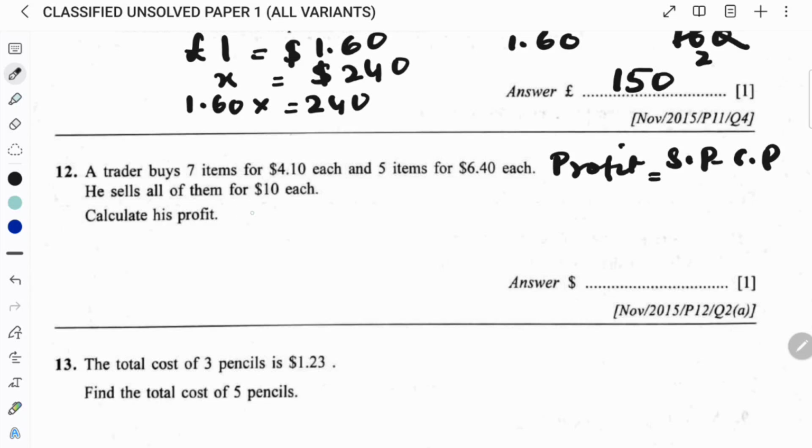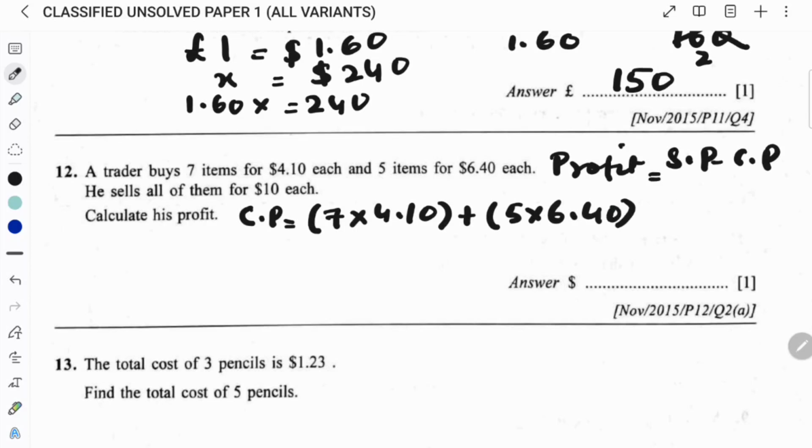So the cost price is 7 times 4.10, and 5 items for 6.40, so 5 times 6.40. Multiply and add these numbers together.